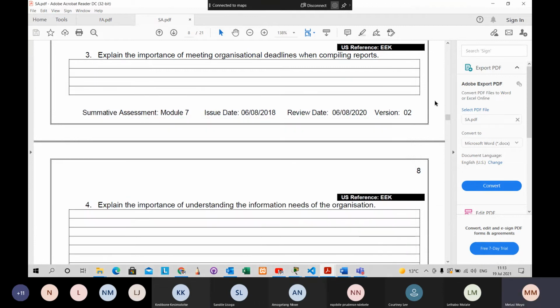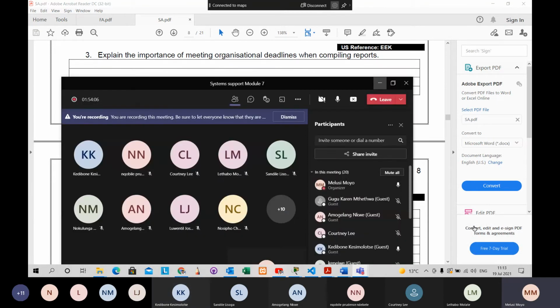Number 3, explain the importance of meeting organizational deadlines when compiling reports. Anyone to quickly answer this one? I think we have gone through this on the formative material. Anyone to answer this?